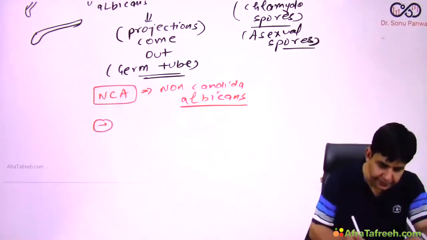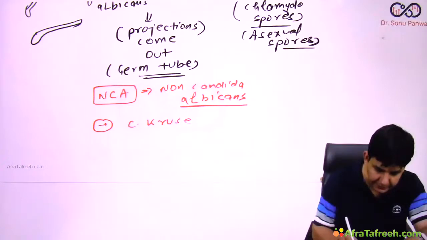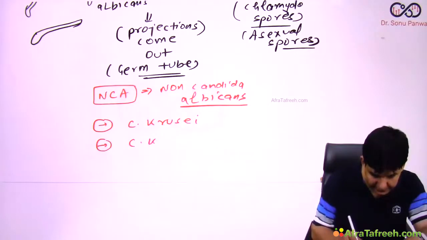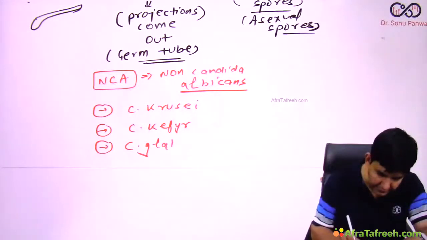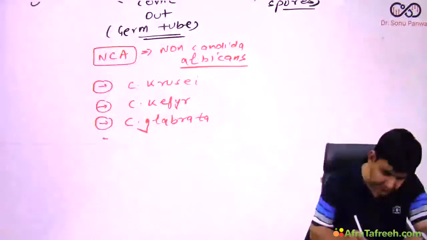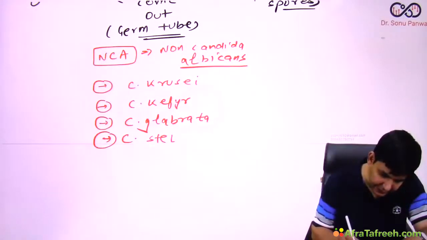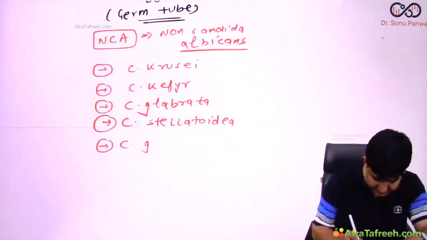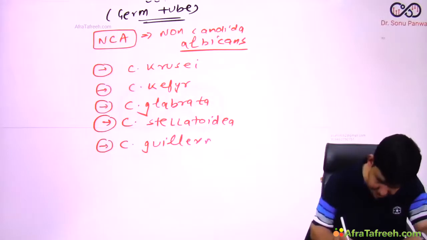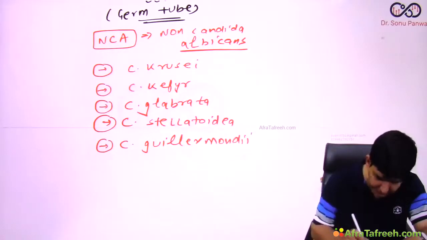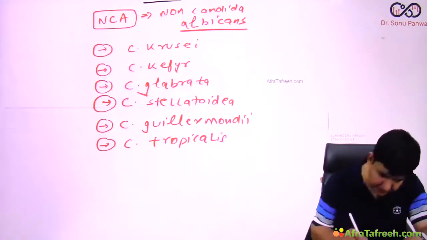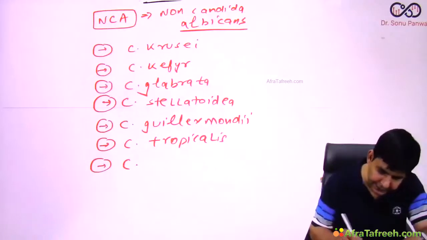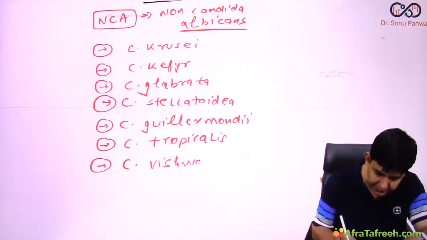First of all, certain names there. Candida krusei, Candida kefir, Candida glabrata, Candida stilatodia, Candida guillermondi, okay, Candida tropicalis, and Candida vishwanathi.